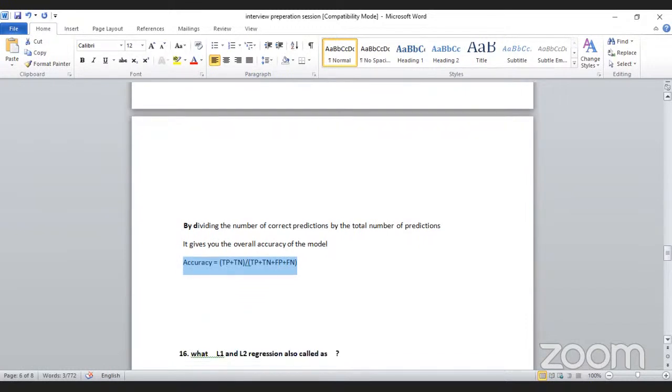So your next question is, what are L1 and L2 regression also called as?